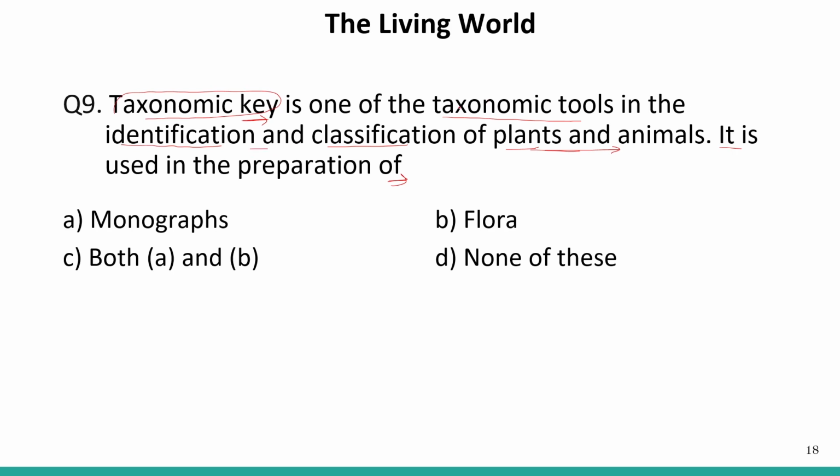Option A is monographs. Option B is flora. Option C is both A and B, and option D is none of these. This is also a straightforward question. The answer is option C. Both monographs and flora require the use of taxonomic keys.